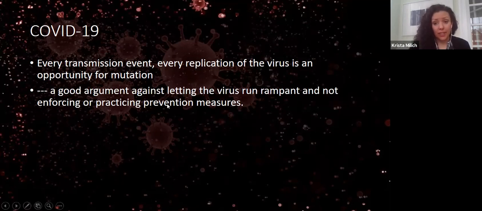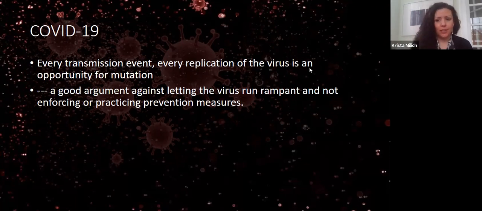So given that every replication of the virus is an opportunity for mutation, it's a good argument against letting the virus run rampant and not practicing prevention measures, right? We've talked about some places where they thought from the beginning, let's just get to herd immunity.